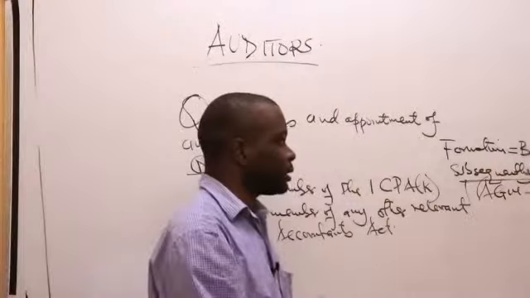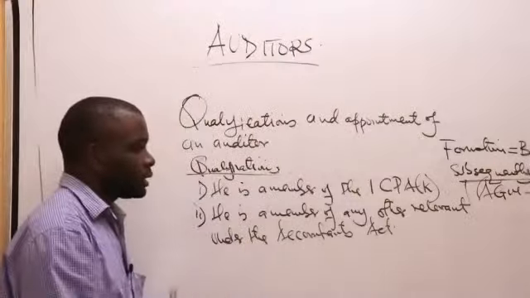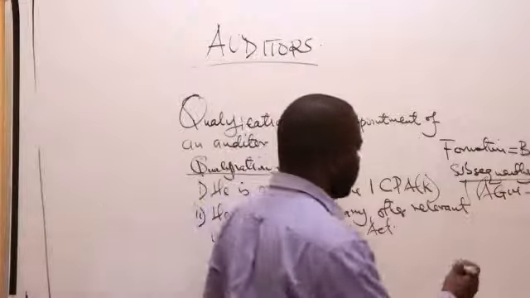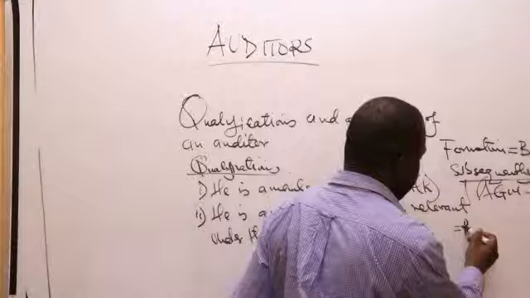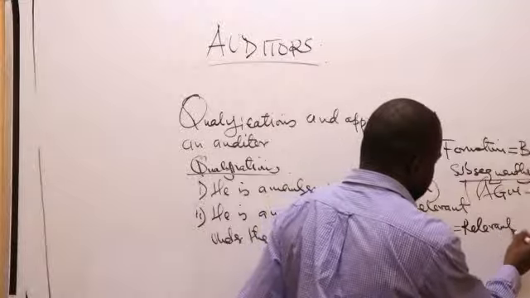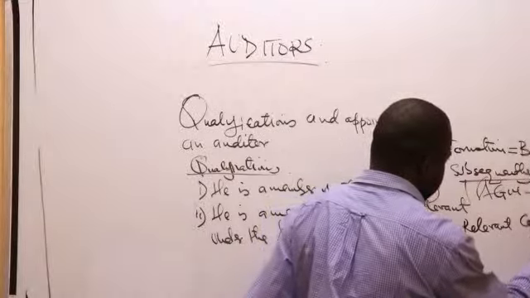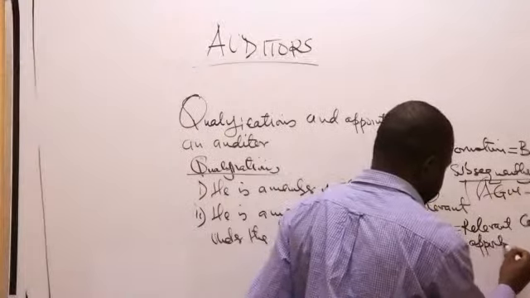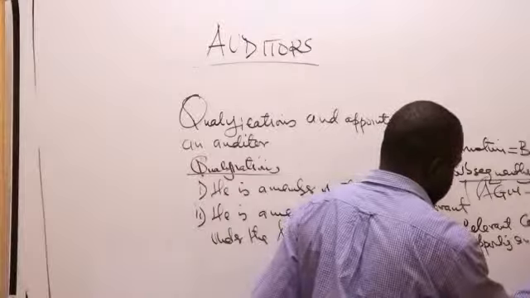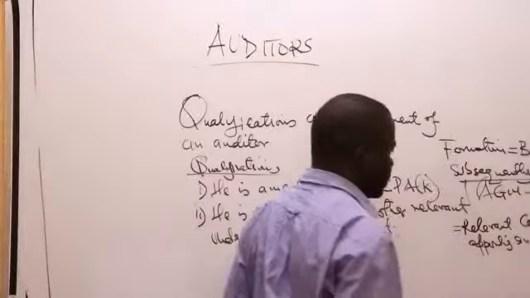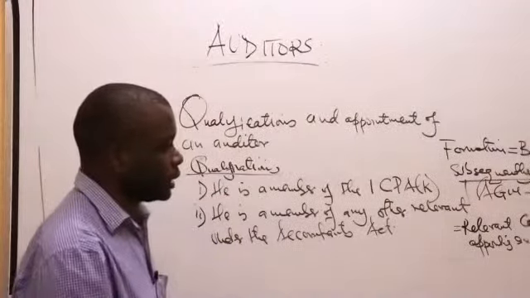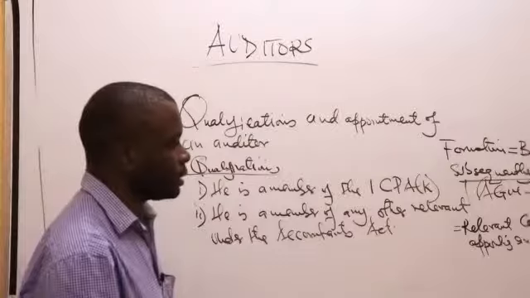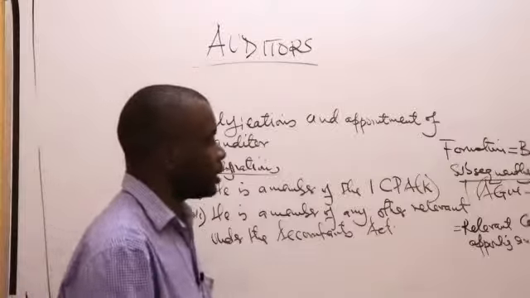If that particular corporate body has failed to appoint an auditor, then we could have the relevant cabinet secretary appointing an auditor in such a case. For example, if it is a parastatal under the Ministry of Education and they haven't been able to appoint an auditor, the cabinet secretary can step in and appoint an auditor for such a corporate body.